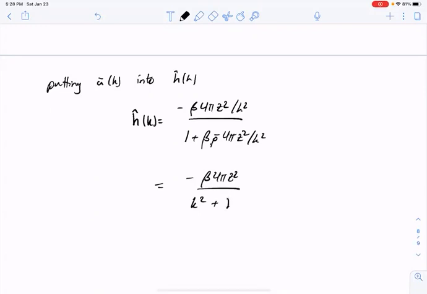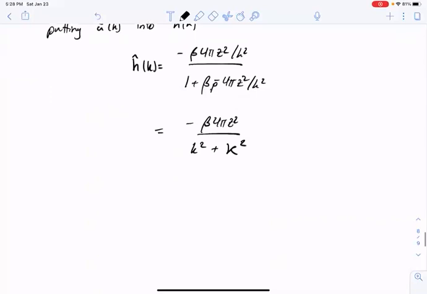So let's introduce a variable kappa squared, which also has units of inverse length squared. So a natural length scale has come out of this analysis, where kappa inverse is 1 over the square root of beta rho bar 4 pi z squared.